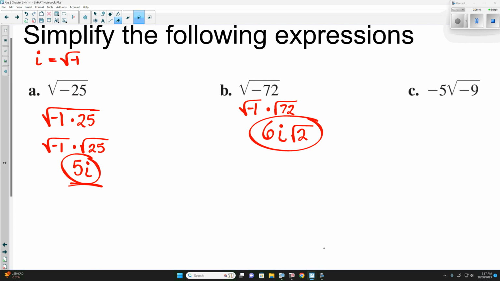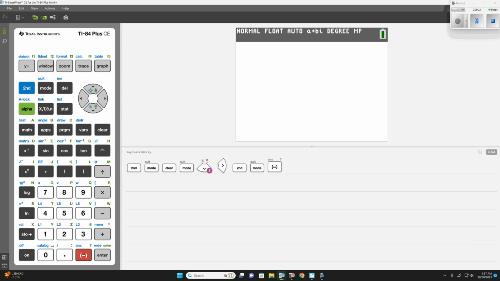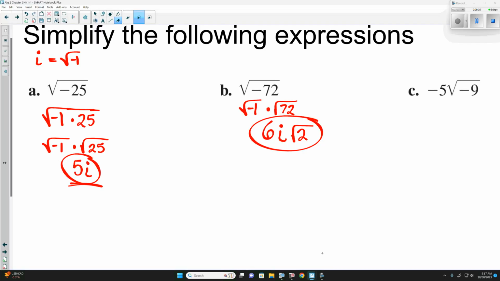Now I believe the next one was -5 square root of -9. So on the other calculator, -5, second, square root, -9, enter is -15i. Now if we did this by hand, we would have -5 times, well, since we're taking the square root of -9, the negative would come out as i.